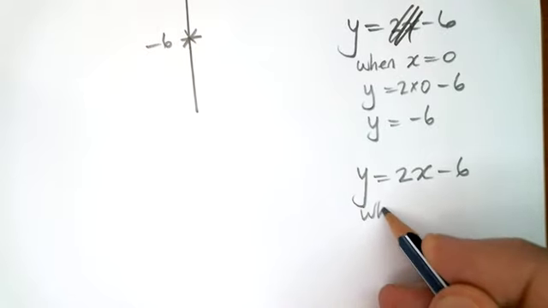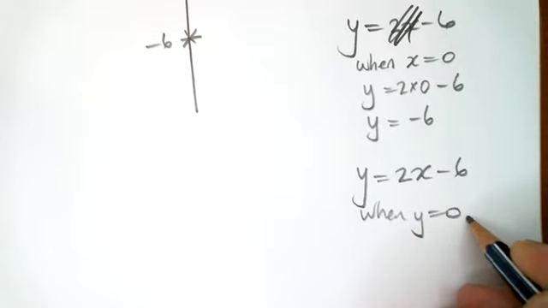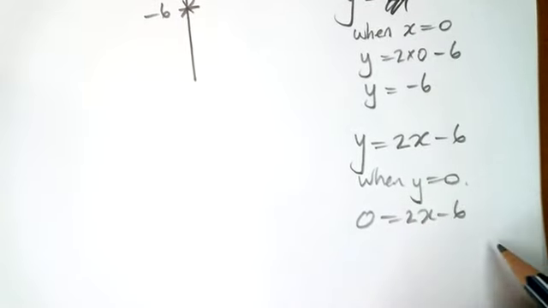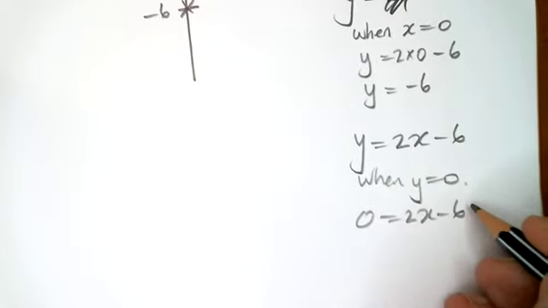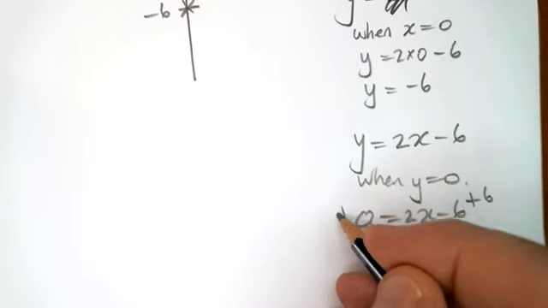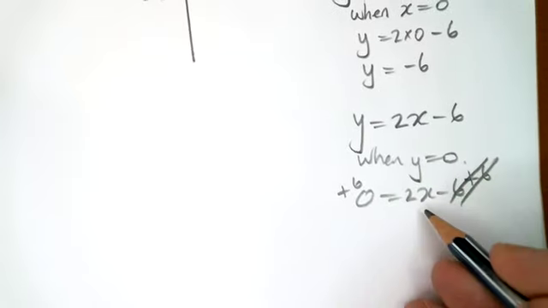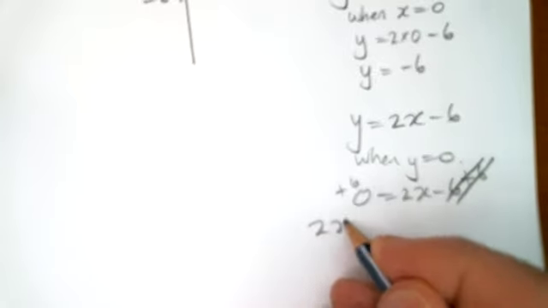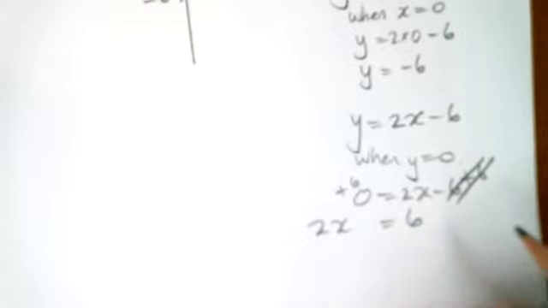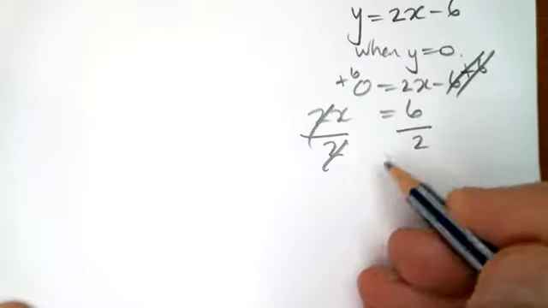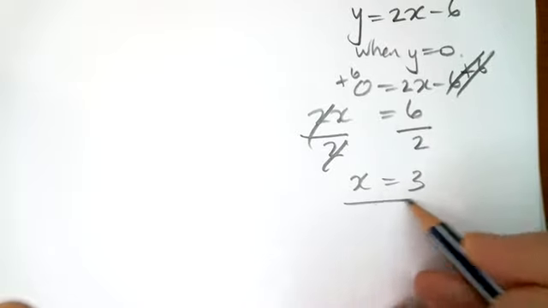So when y is equal to 0, 0 is equal to 2x minus 6. Now let's make x the subject. I'm going to add 6 to both sides. So I've got 2x is equal to 6. Now I'm going to divide both sides by 2, and x is equal to 3.